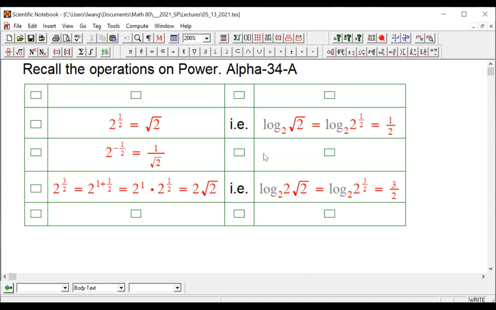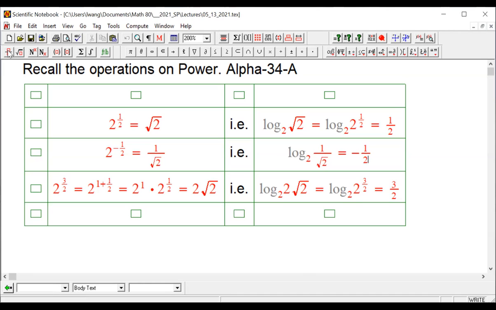And in logarithm form, that's going to be log base 2 of 1 over square root of 2 equals negative half.